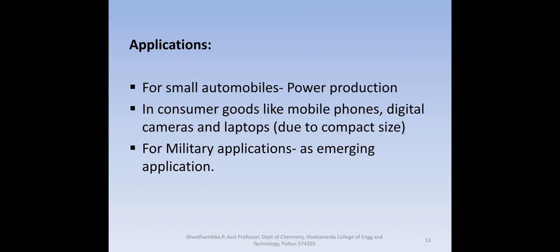Then it is also used in the consumer goods which we use in our everyday life, like mobile phones, digital cameras or laptops. This is because fuel cell could be prepared in a compact size so that usage becomes quite easier. As an emerging application, methanol oxygen fuel cell finds its role in military applications, that is for charging the batteries or else for tracking systems.